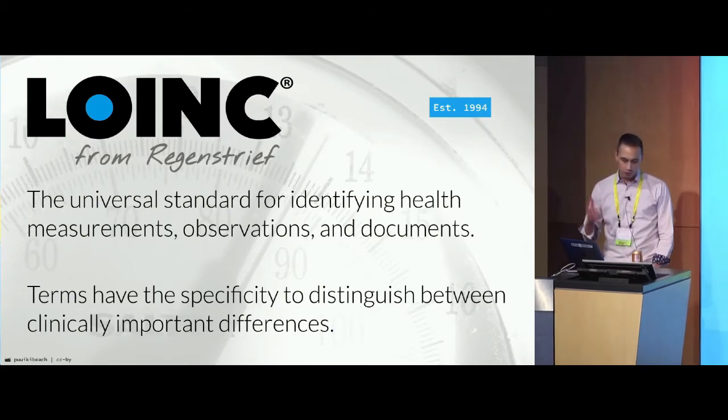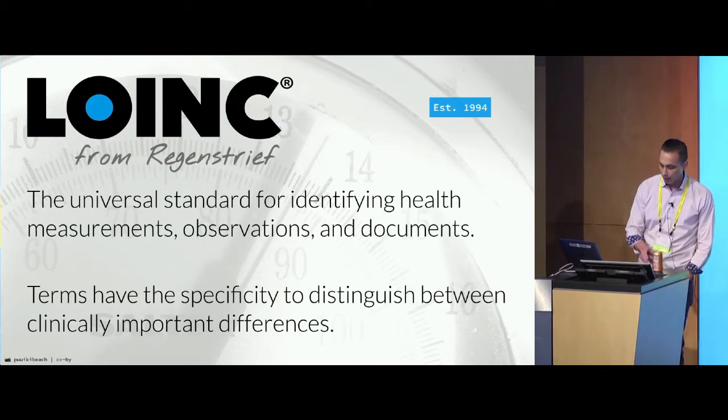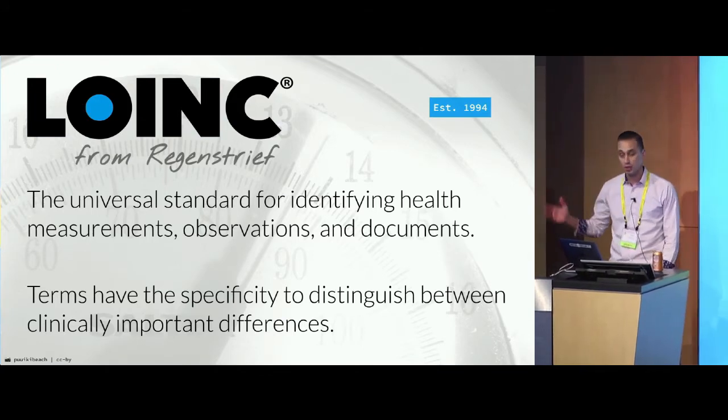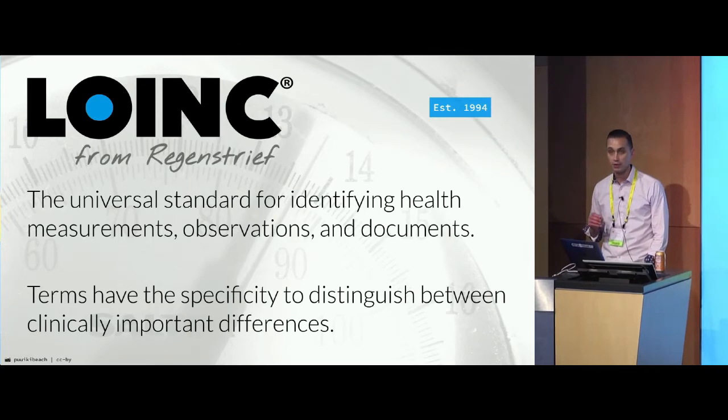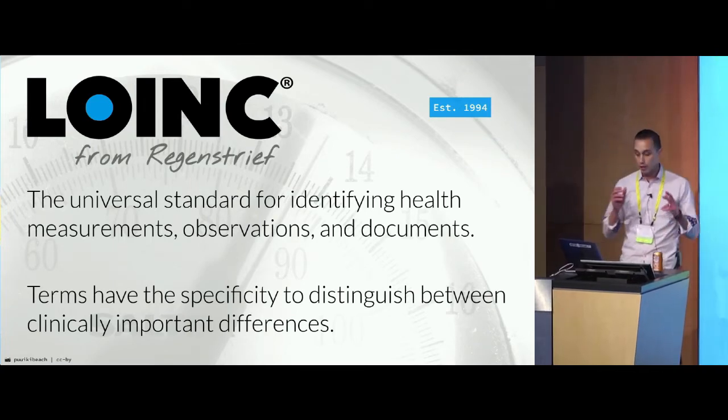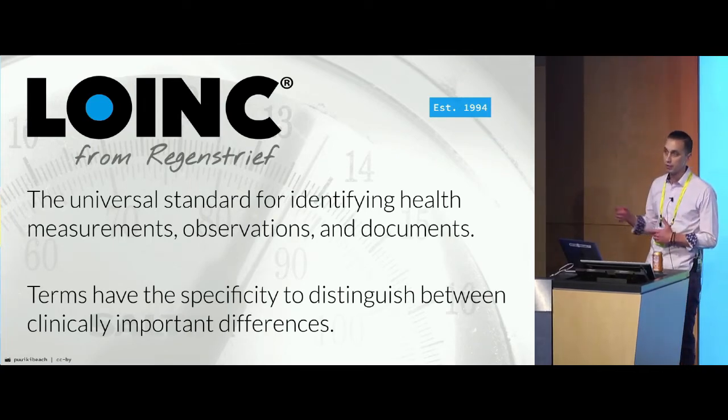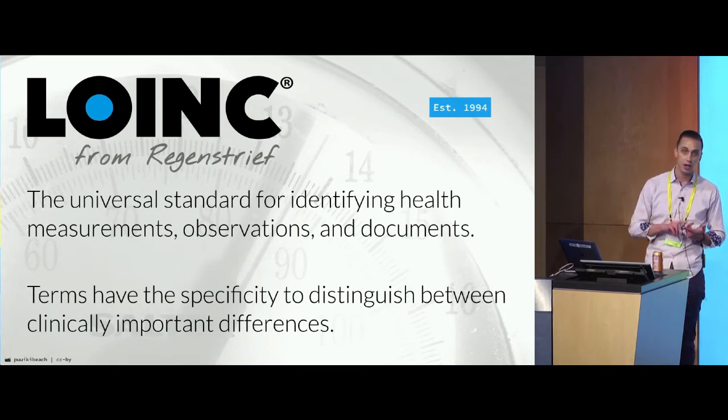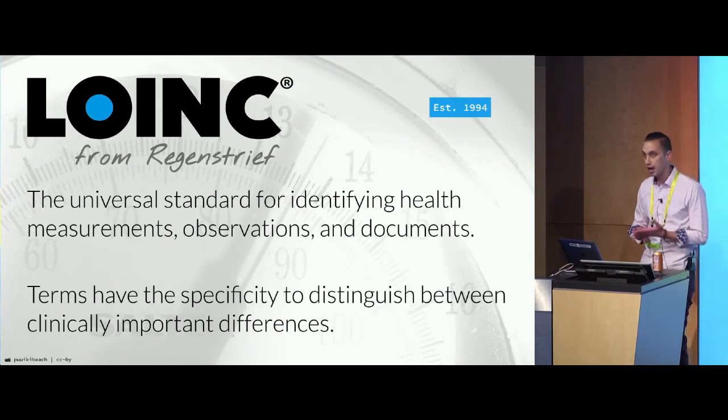So I mentioned we were trying to piece this stuff together, and at the time, back in the mid-90s, there wasn't a coding system or terminology that really covered this space, and so LOINC was born to try to be the universal standard for identifying health measurements, observations, and documents.